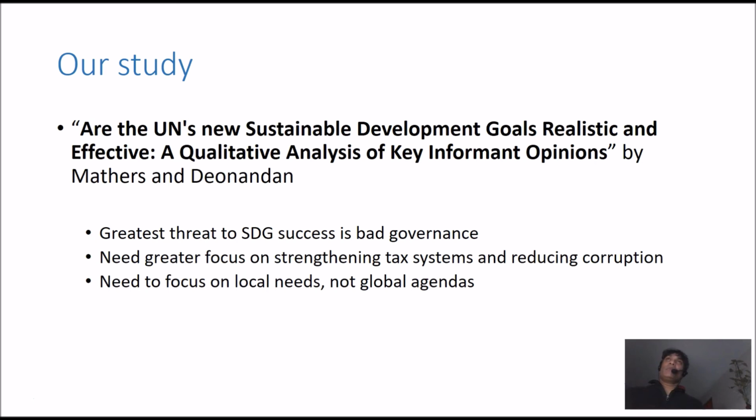And what supports a corrupt government? A bad taxation system that keeps funneling money to that bad government. So maybe the SDGs should spend more time on attacking finance and government than on these other things like environment and economic development. Also, maybe we need to focus more on specific things in each country rather than a global agenda.